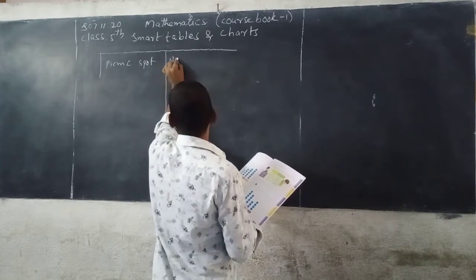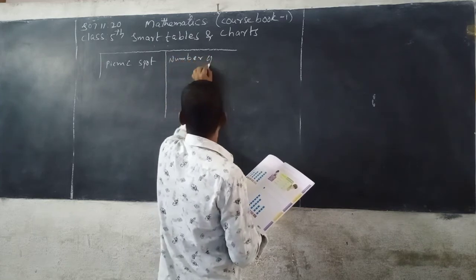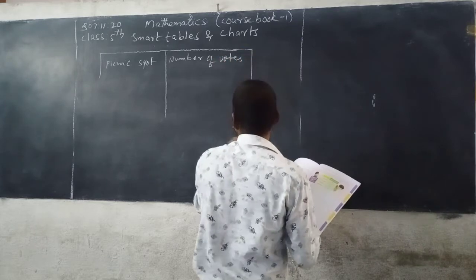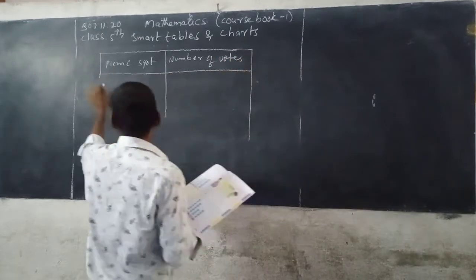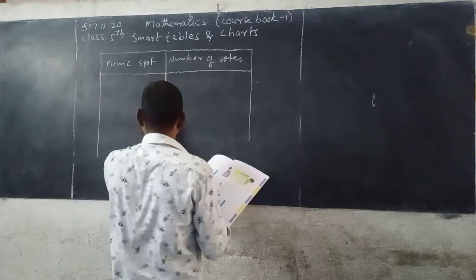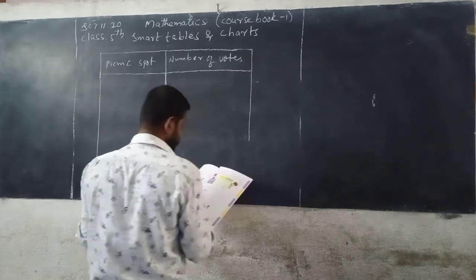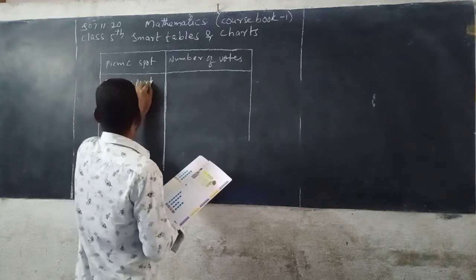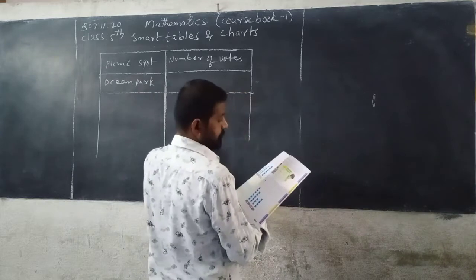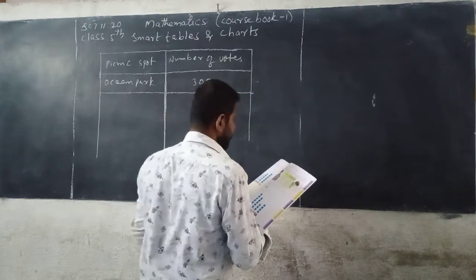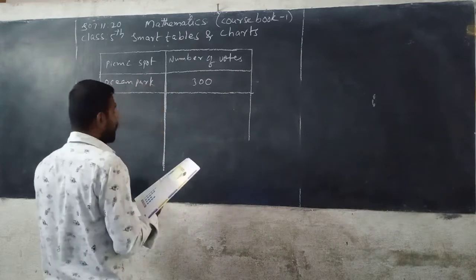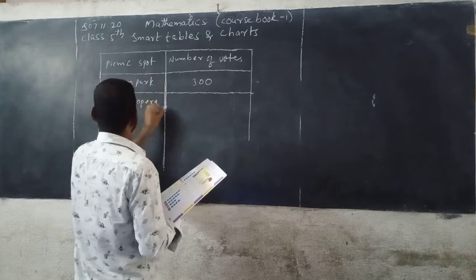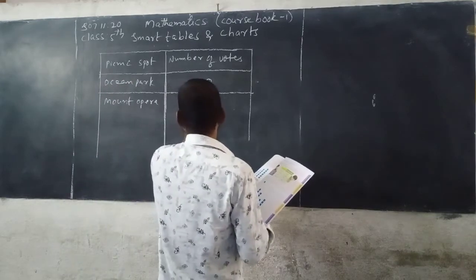Number of votes. Ocean Park, number of votes 300. Mount Opera, 250.